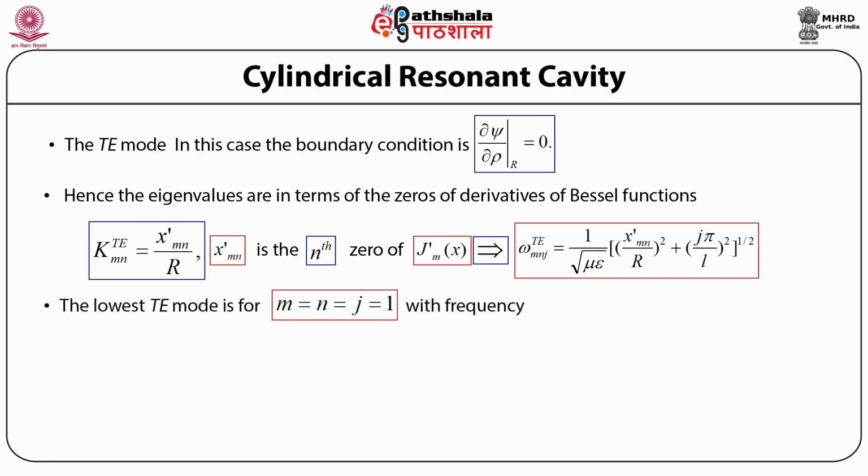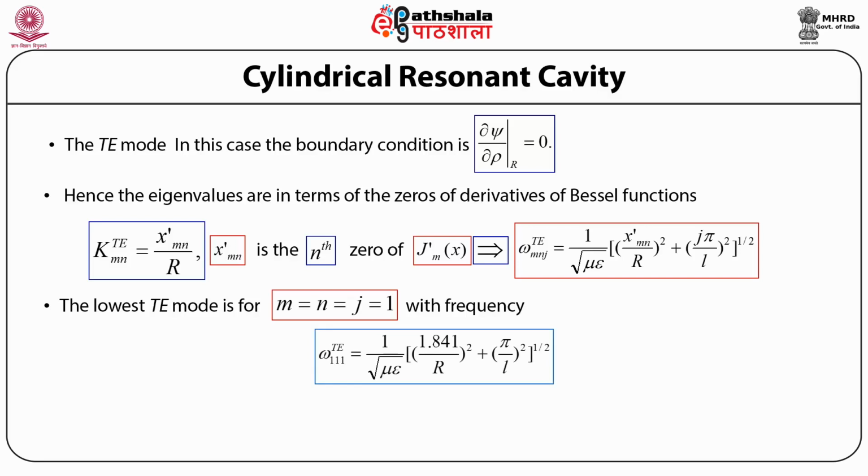And the lowest TE mode that is permissible for the cylindrical resonant cavity is then given for m is equal to n is equal to j is equal to 1, with the resonant frequency given as omega subscript 111 superscript TE is equal to 1 upon under root mu epsilon, whole times bracket open (1.841 by capital R) whole square plus (pi by L) whole square, bracket close, whole to the power half.